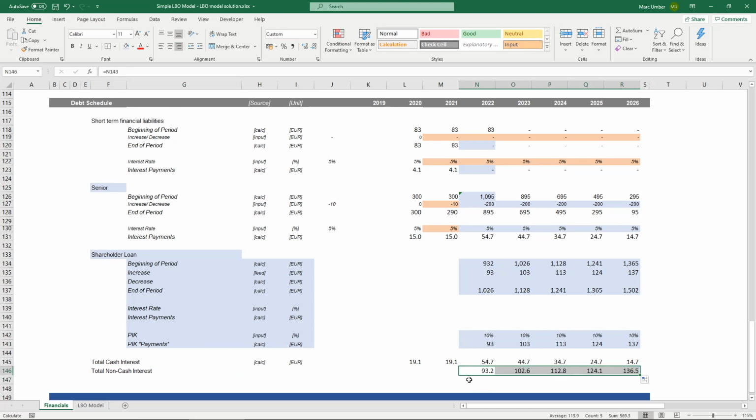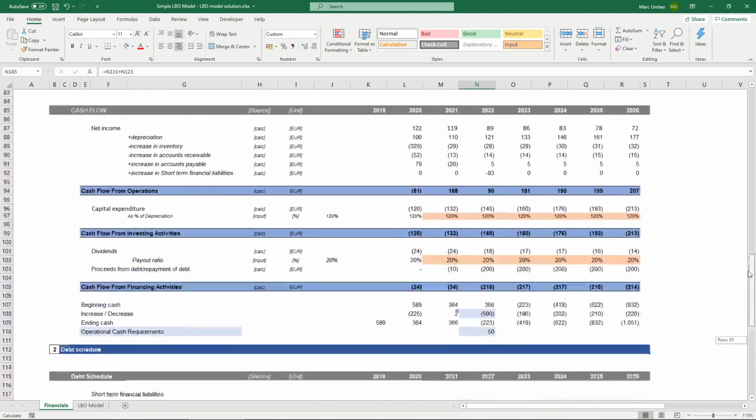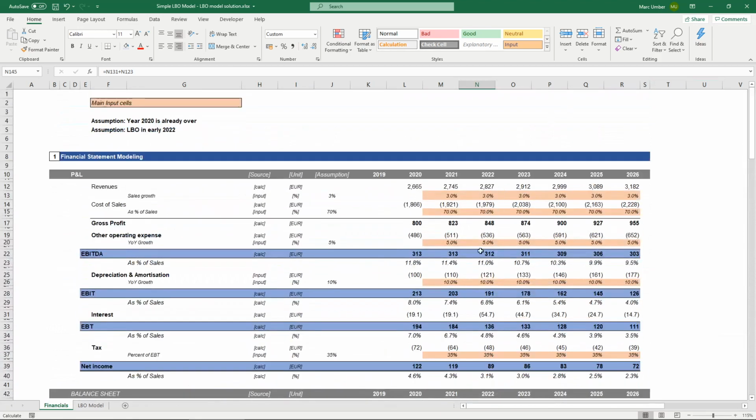Just want to make sure that this is clear, so we also highlight this in blue. Talking about the cash interest, we need to make sure that this is the right interest payments that flow into our profit and loss statement. So I'm going to scroll up and check the interest payments. We will come back to this line item later on. This is correct.